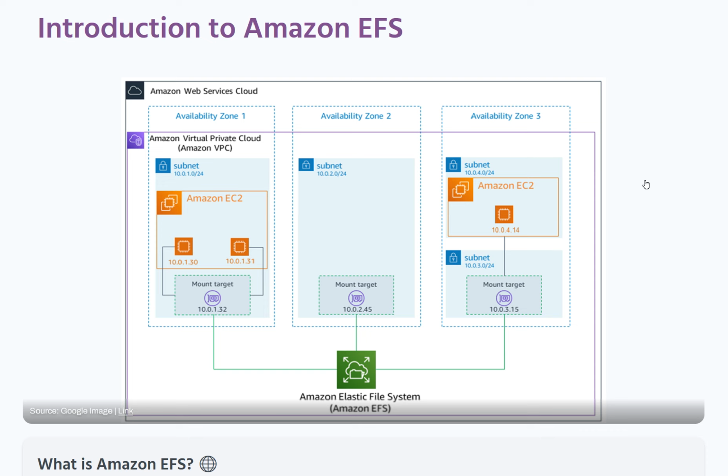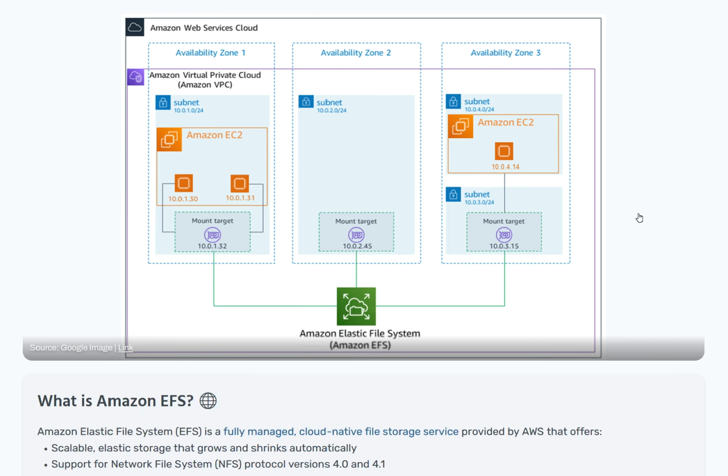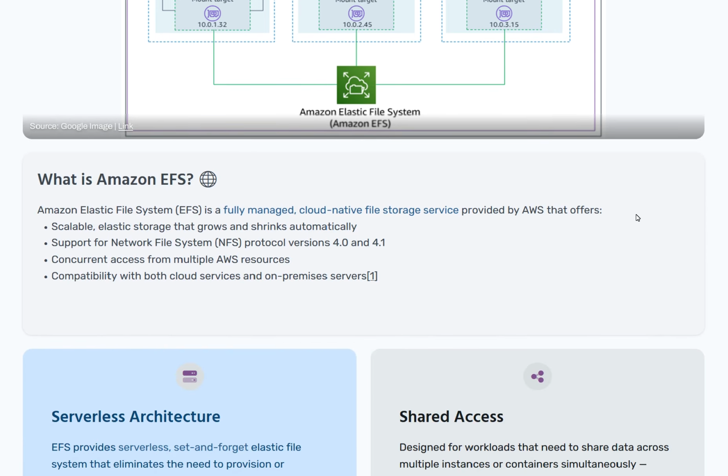So when you map the mount target in Elastic File System, you can access the file system simultaneously. If you look into zone 1 and zone 3, you can see the EC2 instances. They should have EBS volumes, Elastic Block Store, but these EBS volumes are only accessible to themselves, right? You can't access 1 from 3, or 3 from 1, something like that, right?